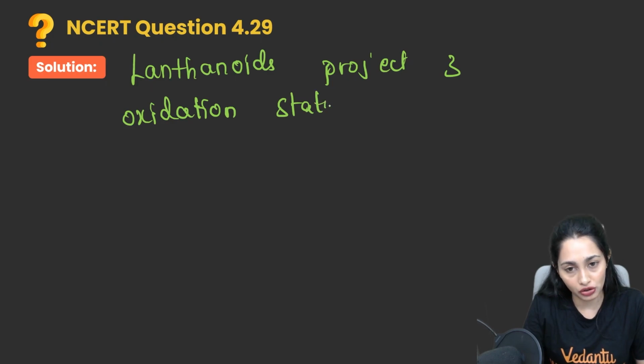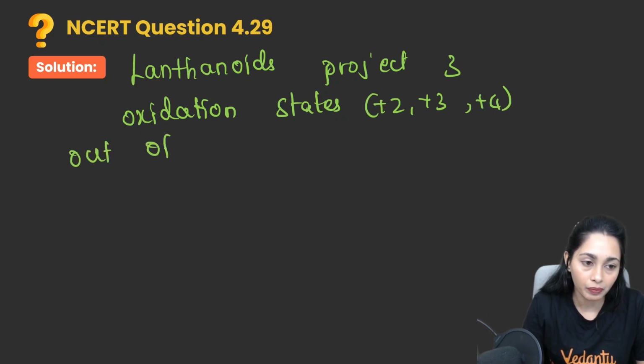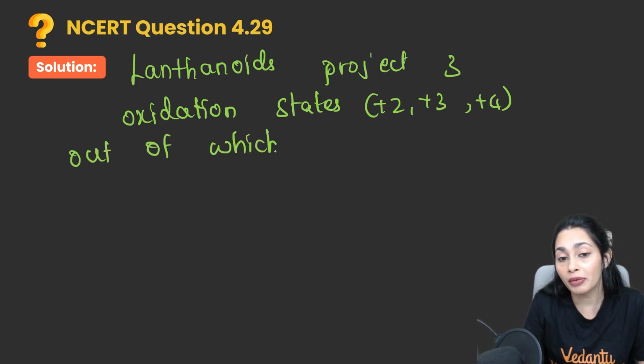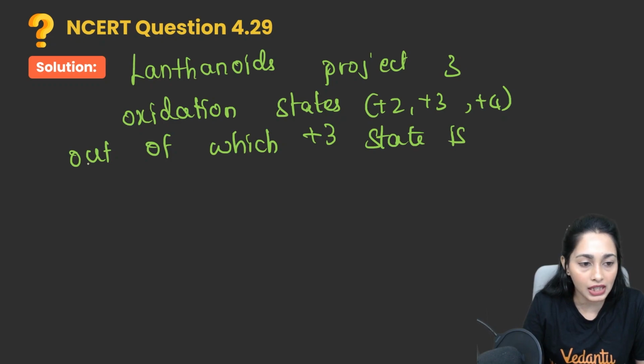Which are those? +2, +3 and +4. Out of which +3 is the most common oxidation state.